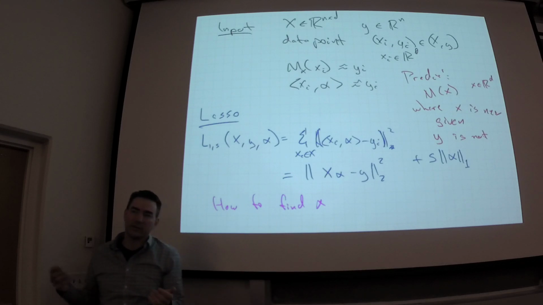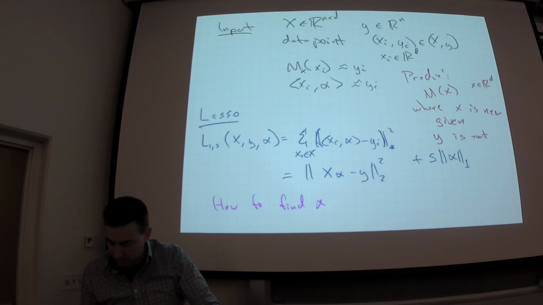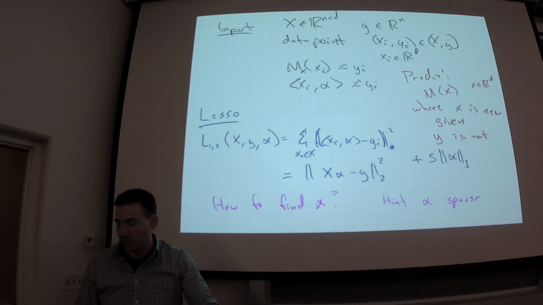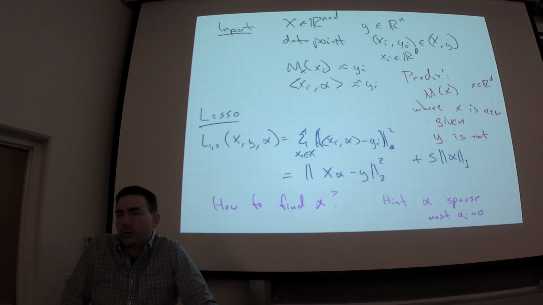So there's not a simple closed form solution for this. And I'm going to give you a hint that alpha is going to be sparse. Okay, so the larger the value of S is, the sparser alpha will be, and we'll see why this is. But the hint towards solving this is that alpha is going to be sparse, which means that most alpha i are going to be exactly 0. Okay, so that's going to be the hint towards solving this.